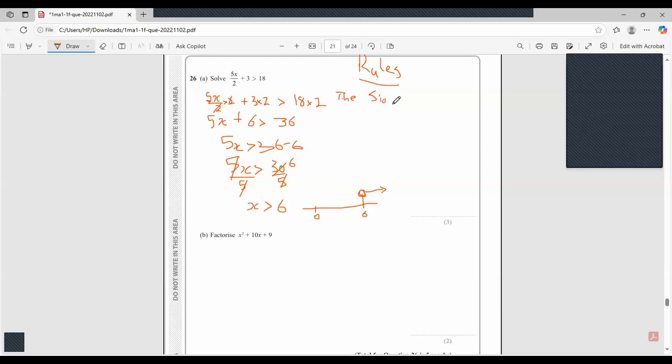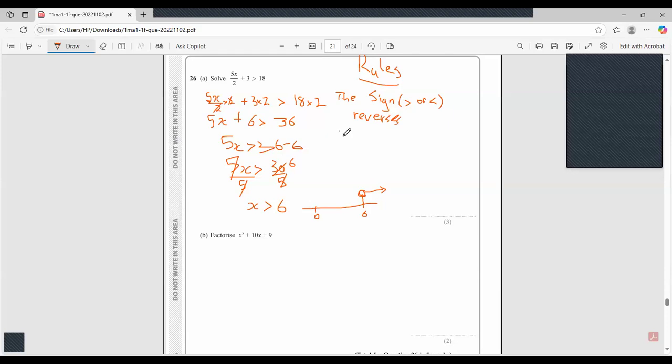Yes, the greater than or less than sign. So that is either greater than or less than. The sign reverses when either of these things happen.